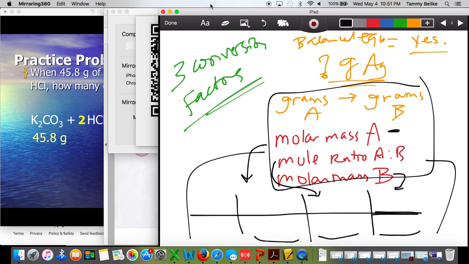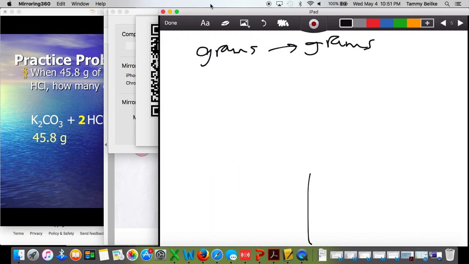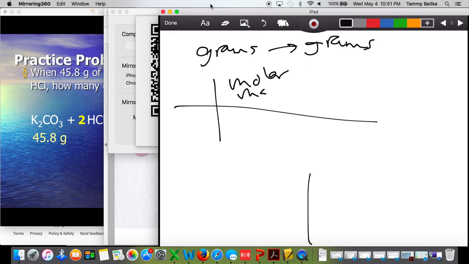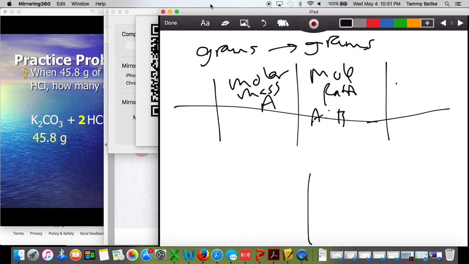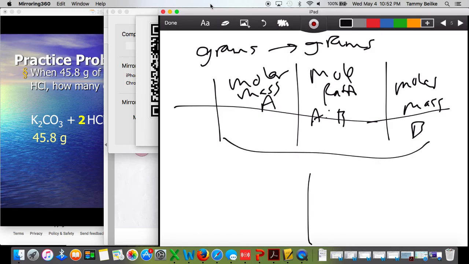Again, we're going to have molar mass of A, mole ratio A to B, and molar mass of B. So you're essentially going to be using this molar mass, mole ratio, molar mass setup on a lot of stoichiometry problems.